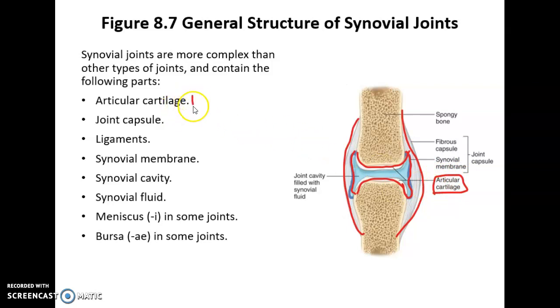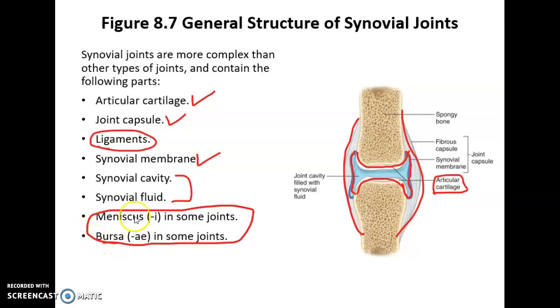Then we have the articular cartilage, the capsule, the synovial membrane, and the synovial fluid and cavity. These 4 elements are always in our synovial joints. Ligaments and other elements could be present or not.